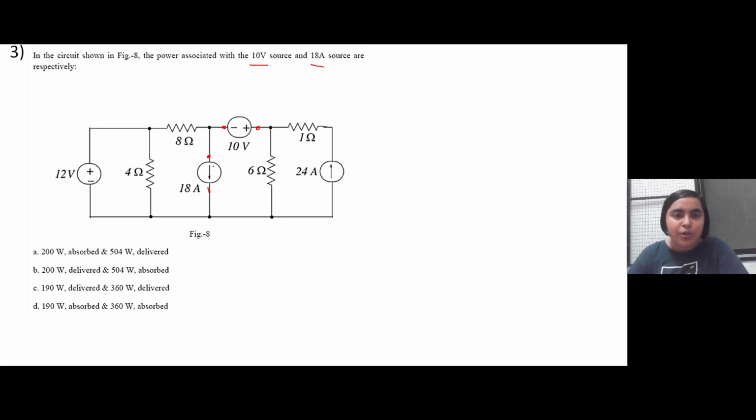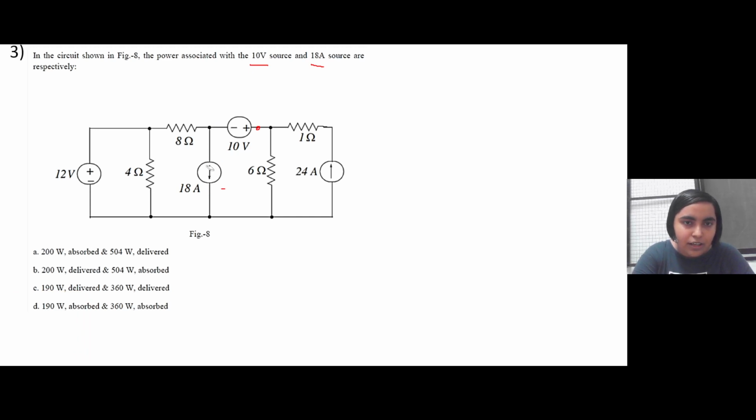In order to compute power, since we already have the voltage of the voltage source, we need to find the current flowing through this branch, and in this case we have to find the voltage across this current source. Then we can use the power formula P equal to V into I and compute it, right? So how are we going to solve this now? Anyone has any suggestion?